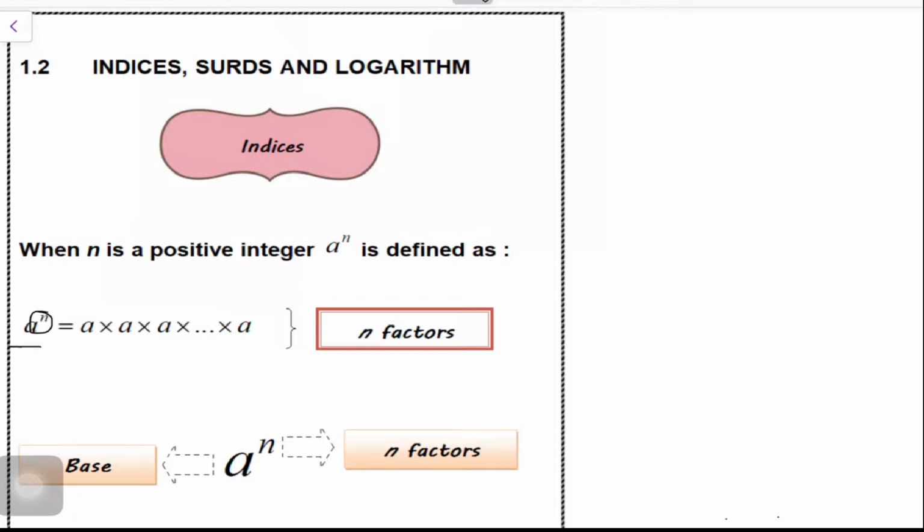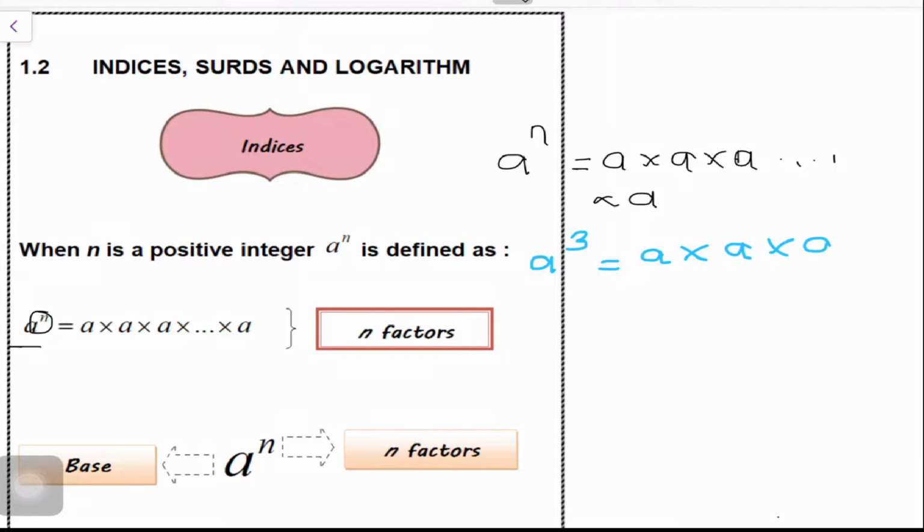So a to the power of n represents that you need to multiply a by another a for n number of times. So for example, if you have a to the power of 3, meaning you need to multiply a 3 times. So a times a times a.